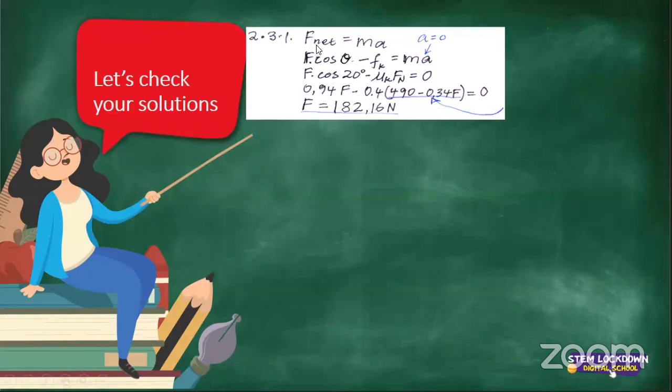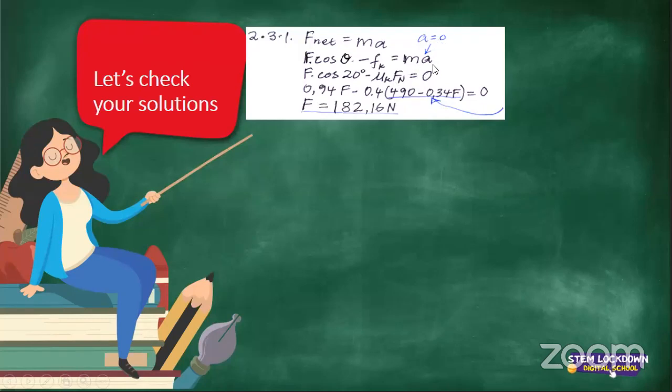we know that F net equals MA, but the forces acting along the horizontal are F, the applied force, but it is its component, which is F cos theta, that is the horizontal component of the applied force, minus the frictional force, because the frictional force is acting in the opposite direction, equals MA. Then we know that this object is moving at a constant velocity, therefore acceleration is zero.